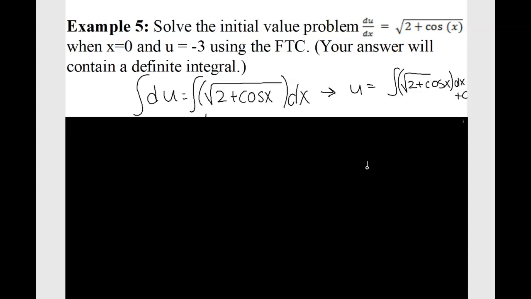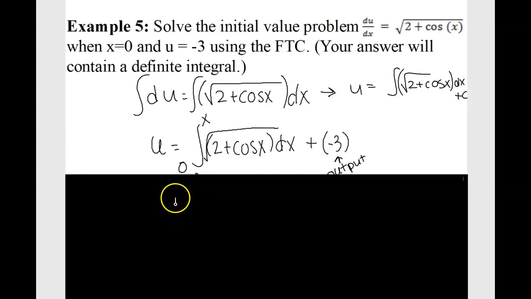That plus c is my fundamental theorem of calc idea. So we're going to add bounds on here, bounding this from that 0. Like I said, a was 0. B in this case is x. My f of a was -3.